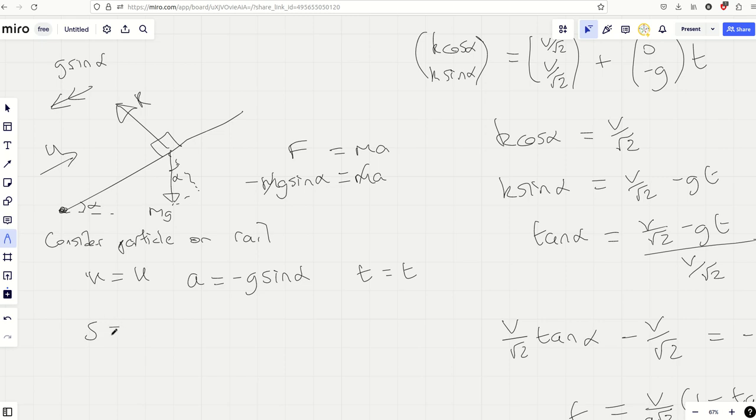So s equals ut minus g over 2 sine alpha t squared, yeah? And that would be my displacement in terms of t.